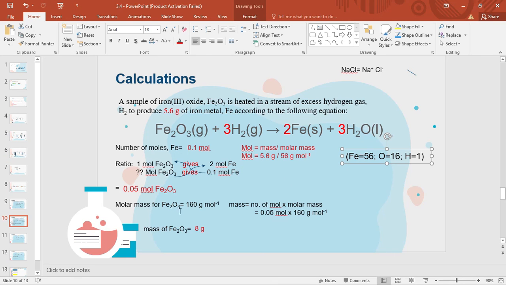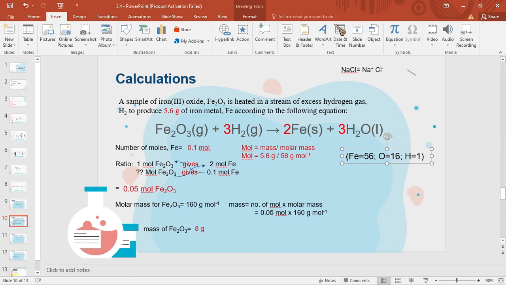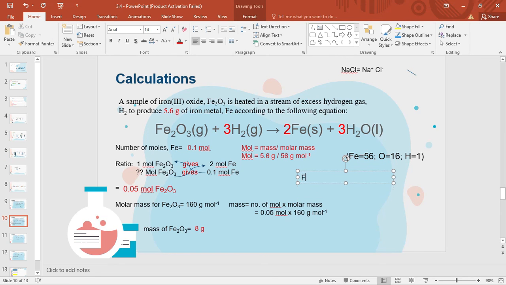Okay, tengok formula ni. Fe2O3. 56 times 2 plus 16 times 3. Berdasarkan formula ni, ingat kita cari dia punya RMM ataupun molar mass, ataupun RFM, relative formula mass.